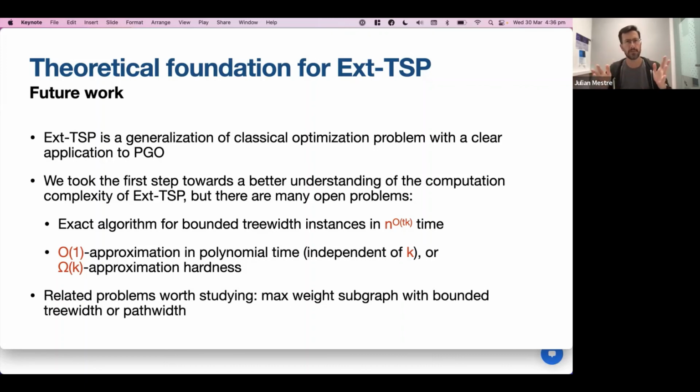So you have a budget for the bandwidth and say, okay, I want to have the largest graph that I can possibly find. You can also do this for other graph parameters like tree width or path width. Some of these problems have been studied before, but there is not surprisingly a lot of work. And this seems like a very natural problem, so I want to toss it out there. And that's the plans that we have for future work.